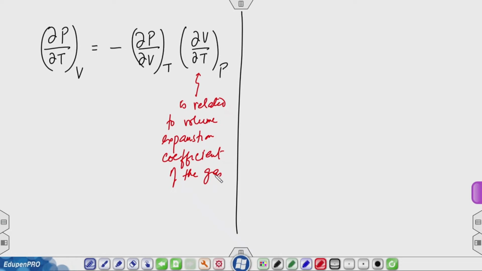And the first quantity we have already seen is related to compressibility.